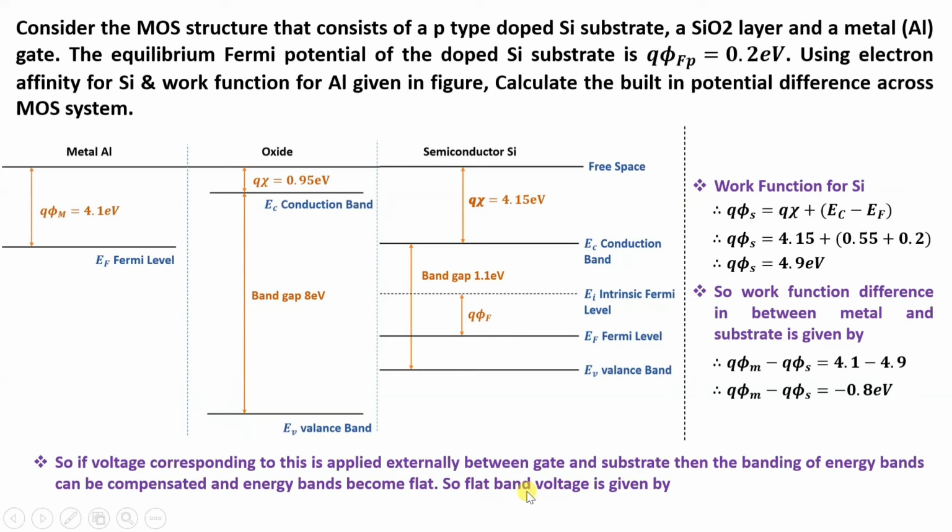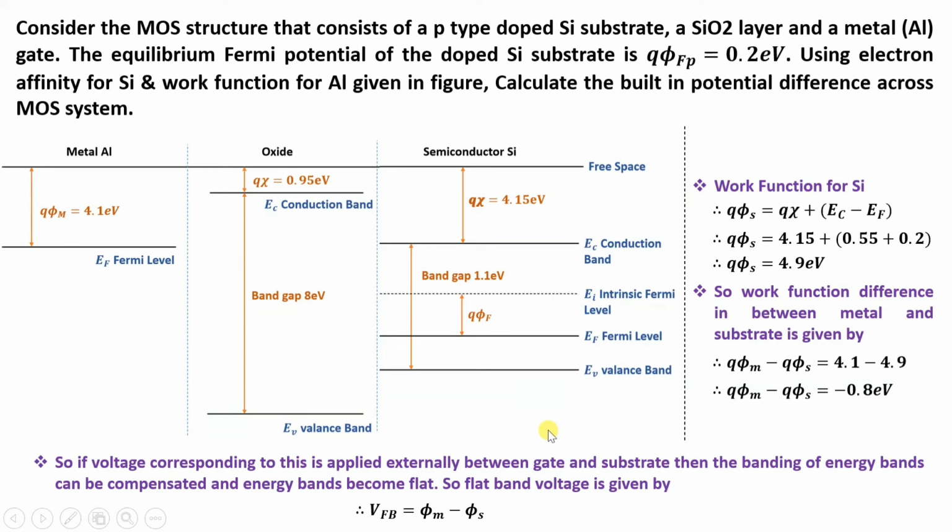So this flat band voltage is given by phi m minus phi s. That is what we need to give between the gate and substrate terminal.